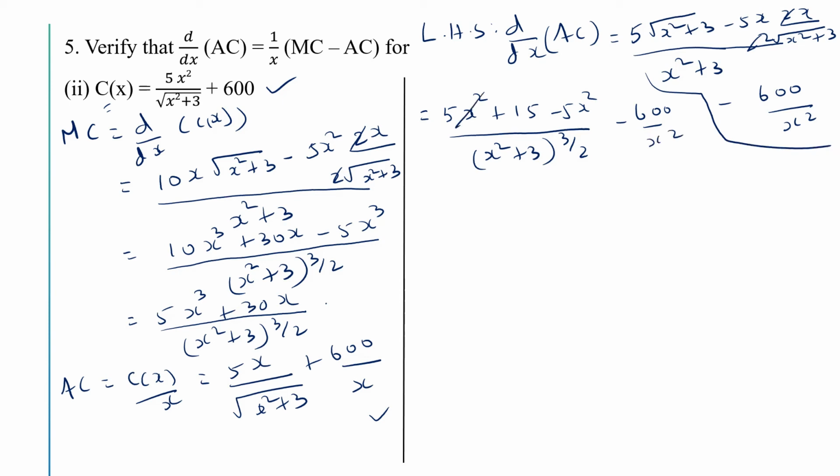So it is 15 by x square plus 3 the whole raised to 3 by 2 minus 600 by x square. Now let us take the right hand side. The right hand side is 1 by x into marginal cost minus average cost. Here let us take this as x into 5x square plus 30 divided by x square plus 3 the whole raised to 3 by 2.